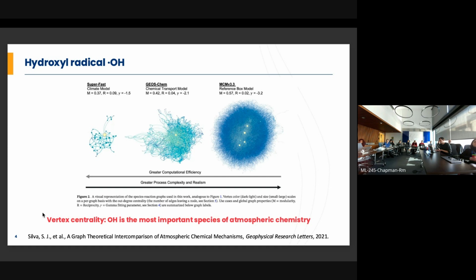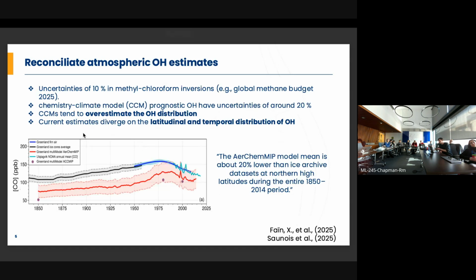And in this study, they compared the interaction of all the different chemistry, and OH is the most important species in all. So it is very important, and it will depend on the errors related to all the other species involved in the sources and sinks of OH.